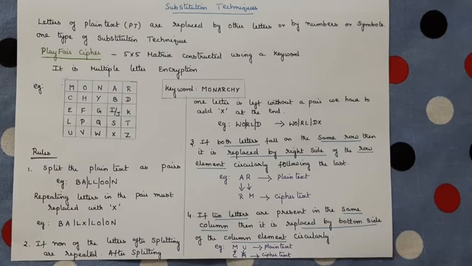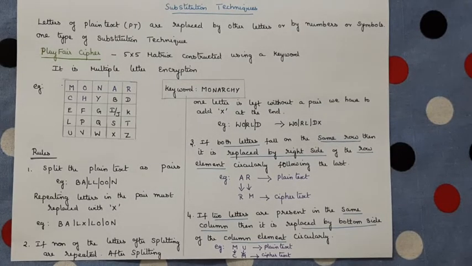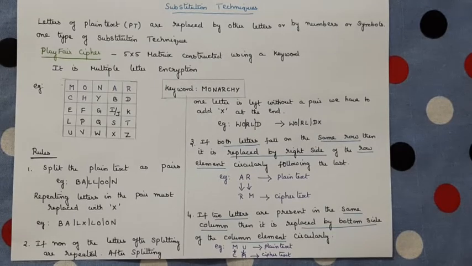A 5x5 matrix can hold at maximum 25 characters, but the English alphabet has 26 characters. In order to include all the 26 characters in a 5x5 matrix, I am going to club two letters, I and J. In one cell I and J will be combined and included in that 5x5 matrix.